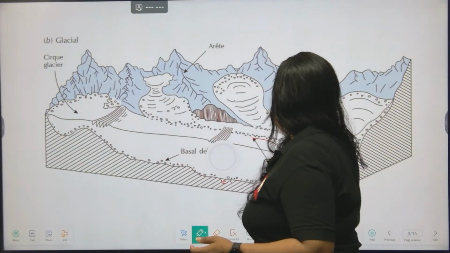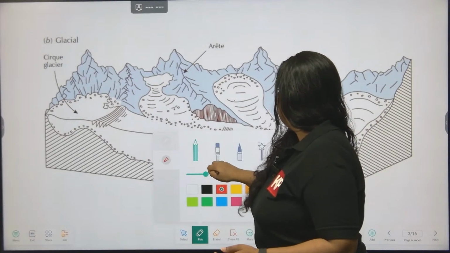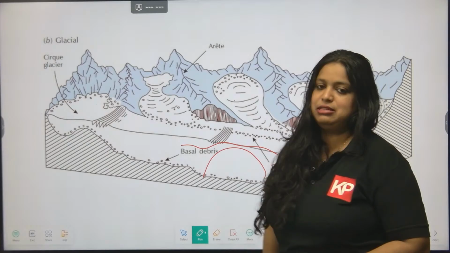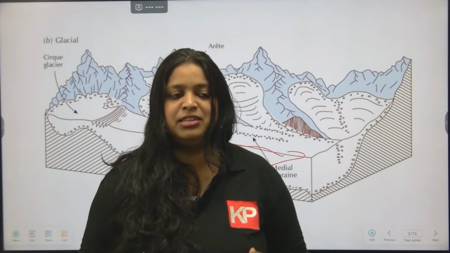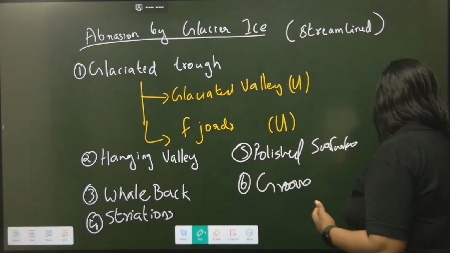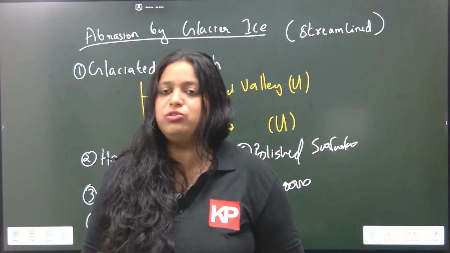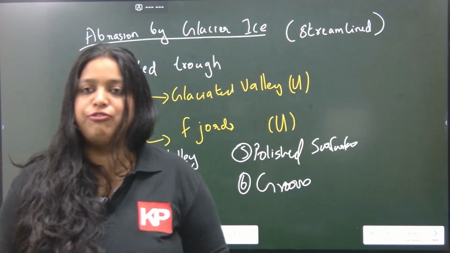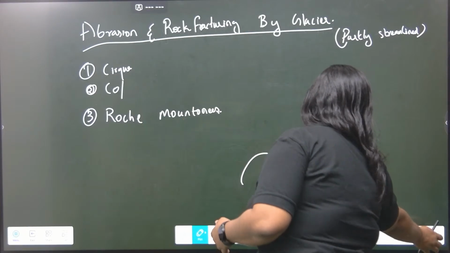Imagine there is a bedrock, and the glacier flows over it in this direction. How does glacier erosion take place? The glacier smoothens the stoss side through abrasion, and the lee side undergoes rock fracturing.